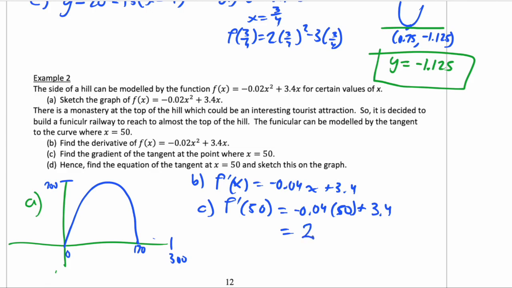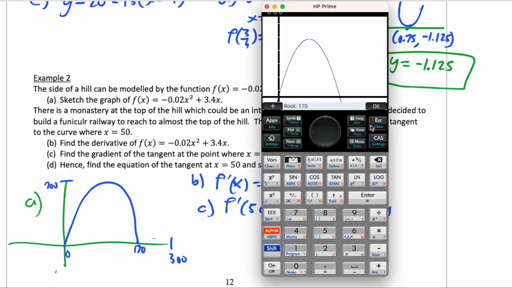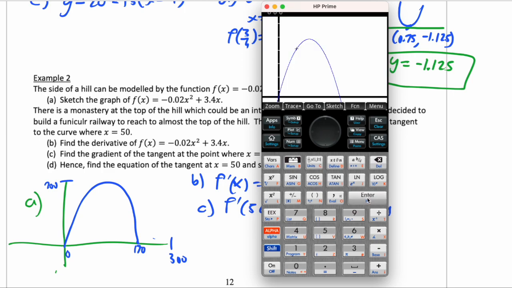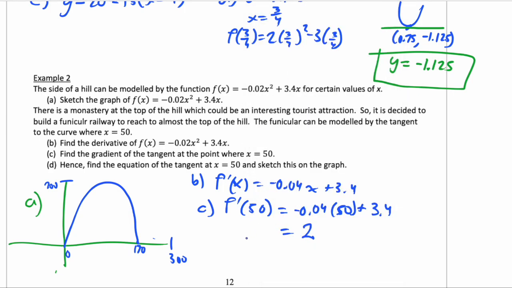We can easily check that on the graph. We go to 50, click enter, and then function slope. So the slope is indeed 1.4 when x is 50. I made a mistake earlier: negative 2 plus 3.4 is 1.4.